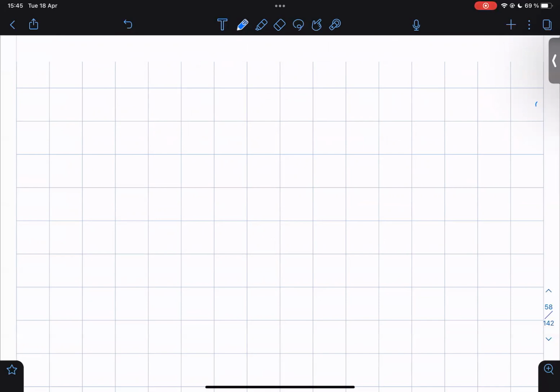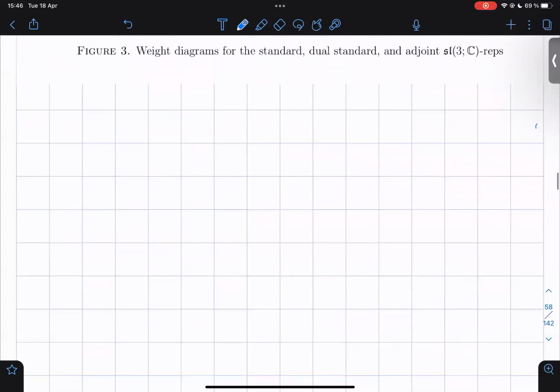Here instead, the choice of simple root basis induces a so-called partial ordering that we can use to define a notion of highest. Partial ordering, and we'll talk about dominant weights.